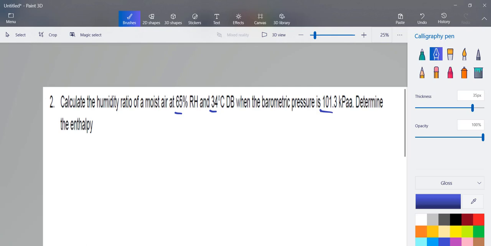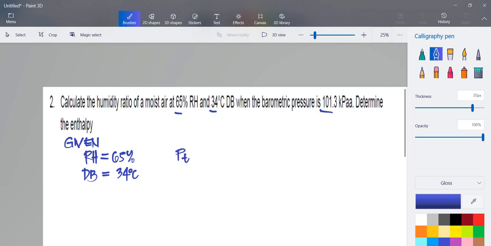Okay, so first thing first, let's see what will be the given in the problem, no? So we have your RH, that will be 65%. Then we have your dry bulb, that will be 34 degrees Celsius.